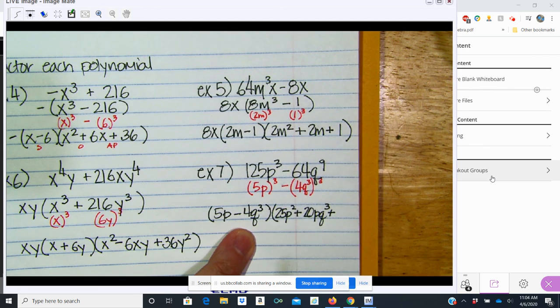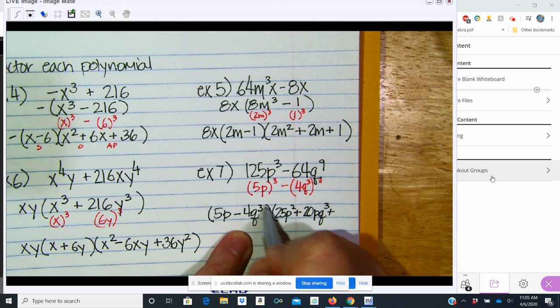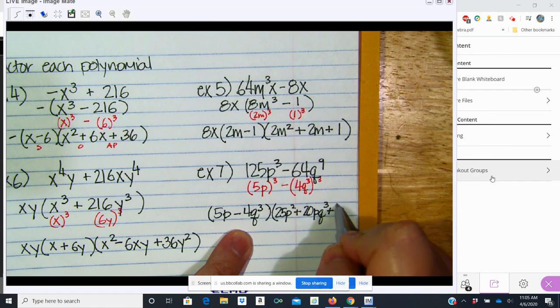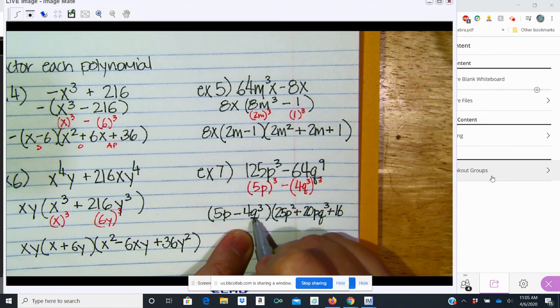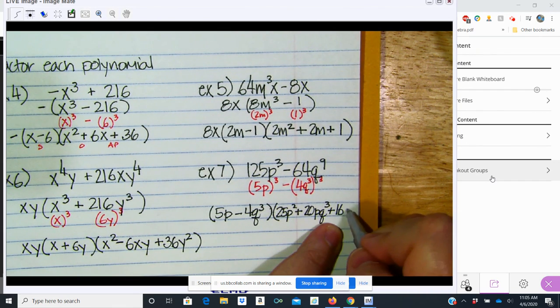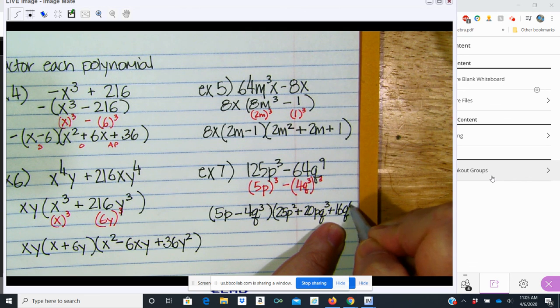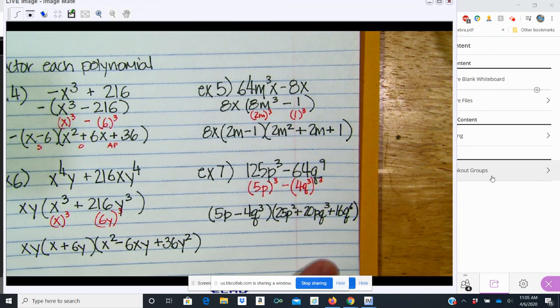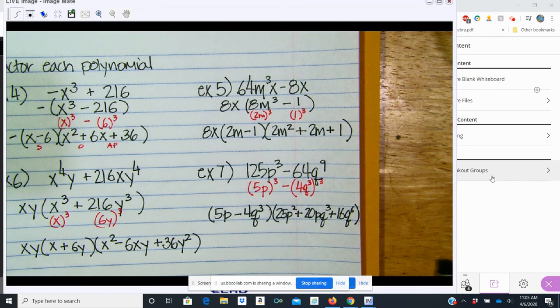Always positive. Square this last one. 4 squared is 16. Q to the third times q to the third would be q to the 6. Okay.